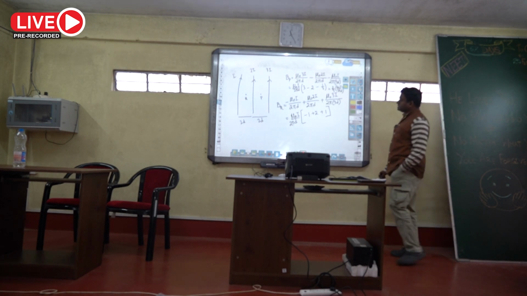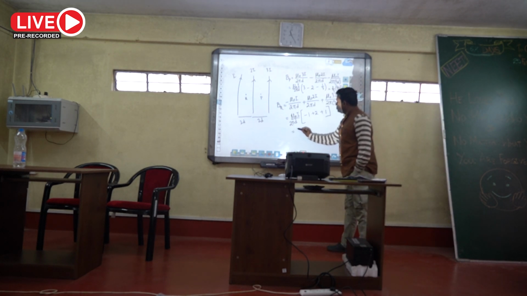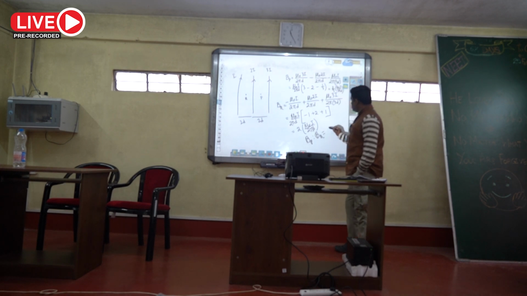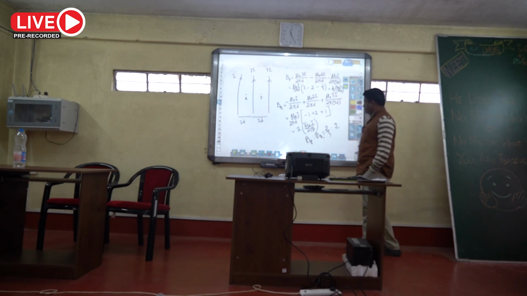So 1 cancels, and it will be 2 times mu naught I by 2 pi d. Now take the ratio. BP is to BQ, then it is 2 by 3 is to 2.